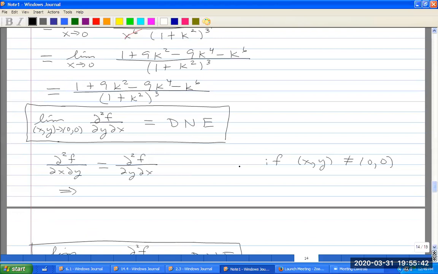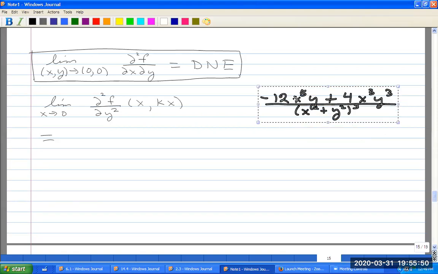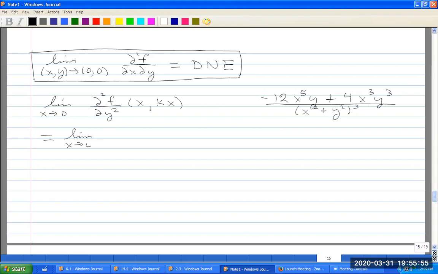And that doesn't look continuous either. Okay, so let's do this. So this is the limit as x goes to 0 of negative 12 x to the 5th kx plus 4 x to the 3rd kx cubed over x squared plus k squared x squared cubed.